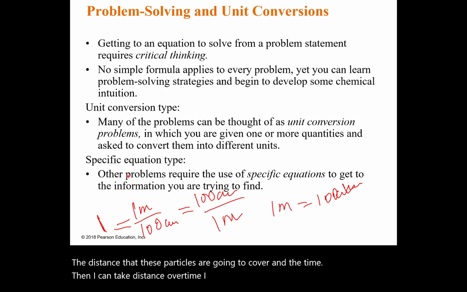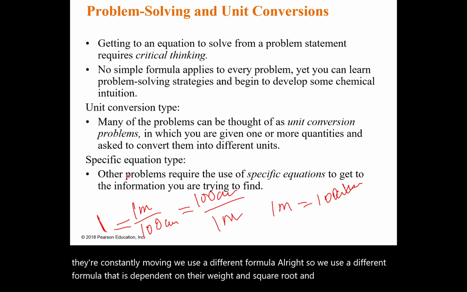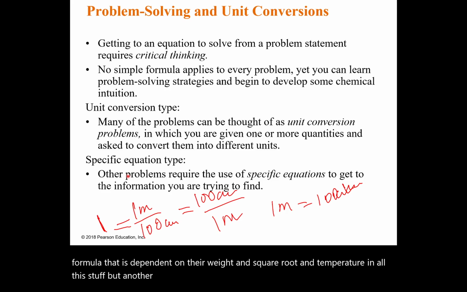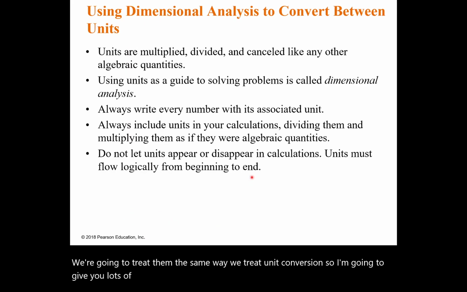But for gaseous particles, because they're constantly moving, we use a different formula that is dependent on their weight, square root, temperature and all this stuff. But what I'm saying is some problems require specific equations, whereas the majority of the problems we're going to treat the same way we treat unit conversions. So I'm going to give you lots of examples on unit conversions, and we're going to go from there.